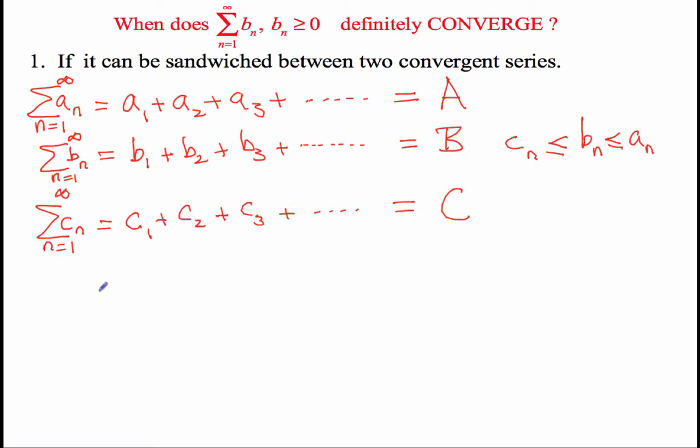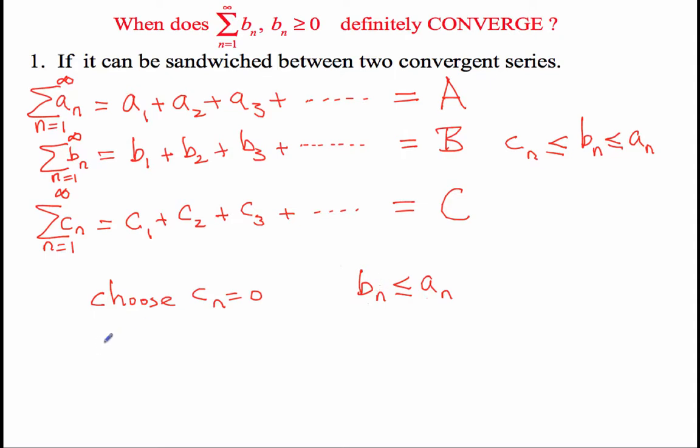Now, of course, we could always choose, if we like, Cn equal to 0. So if we choose the sequence An such that Bn is less than or equal to An, in that case, the fact that A converges means that B will converge.